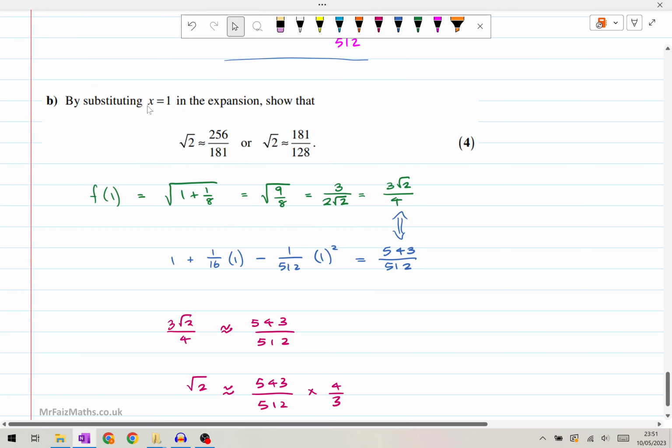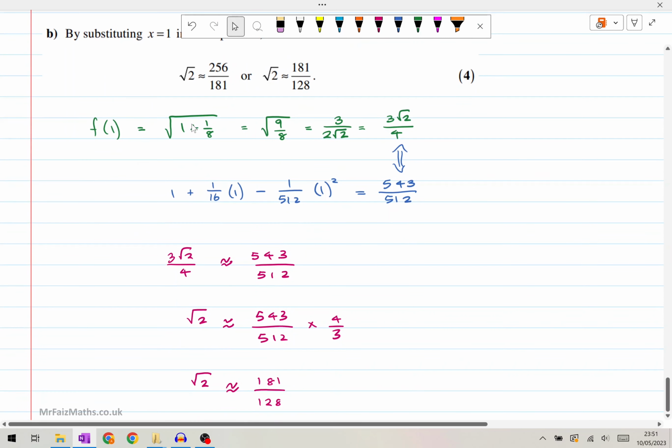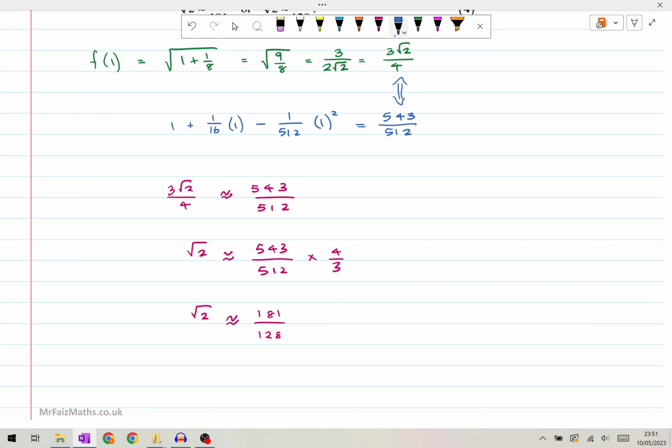Now the reason there is a second form is that a slightly different way you could have done this is to not rationalize the denominator at this stage. In that case, what we would have had is 3 over 2 root 2 is approximately equal to 543 over 512.